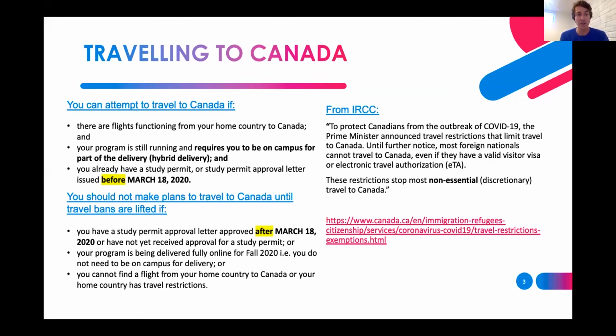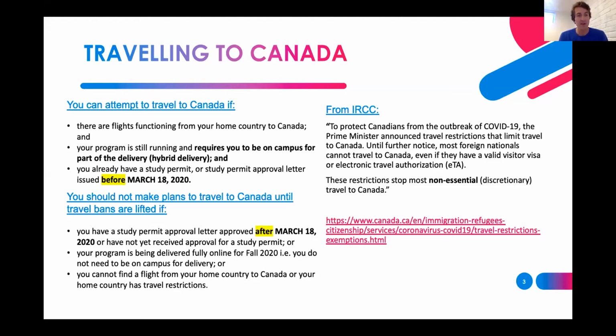And you have a study permit or have been approved for a study permit before March 18, 2020. So those are quite specific conditions right now. You need to already have a study permit or have been approved before March 18, have delivery on campus in the fall, and of course be able to find a flight and travel, with the airports being open and restrictions in your home country allowing you to do so.